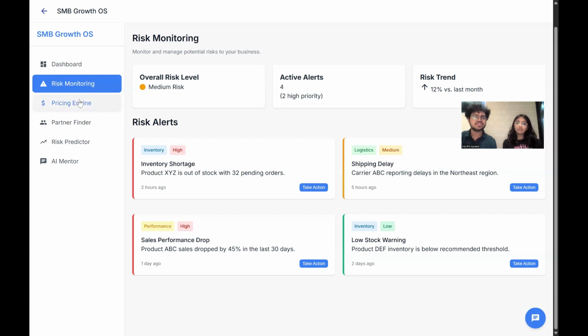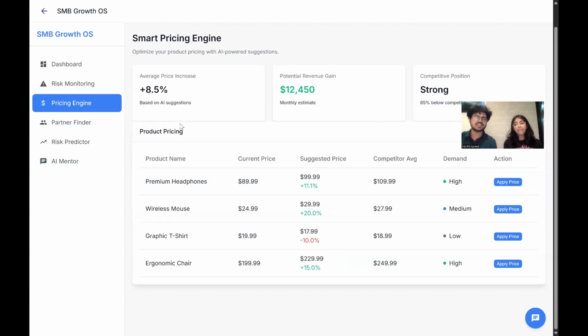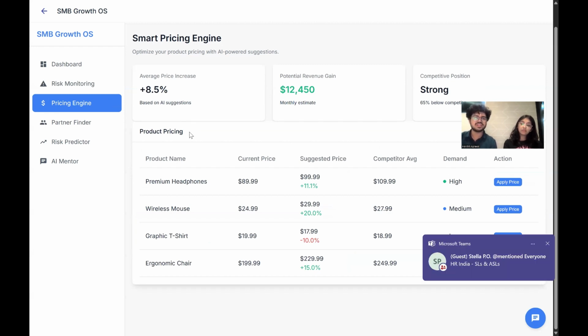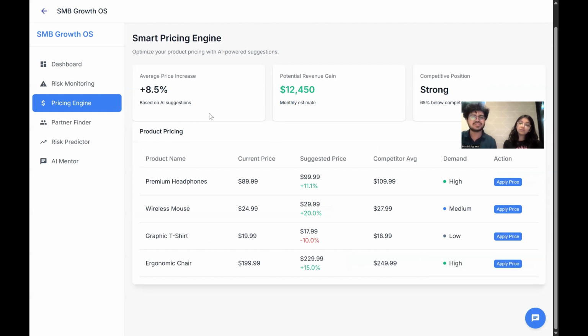Moving to the next section, the pricing engine. All the products in the market are served differently by different customers and sold by different types of people. So for each product, we have the current price which the company is dealing at, the average competitor price in the market, and whether the demand is high, medium, or low.